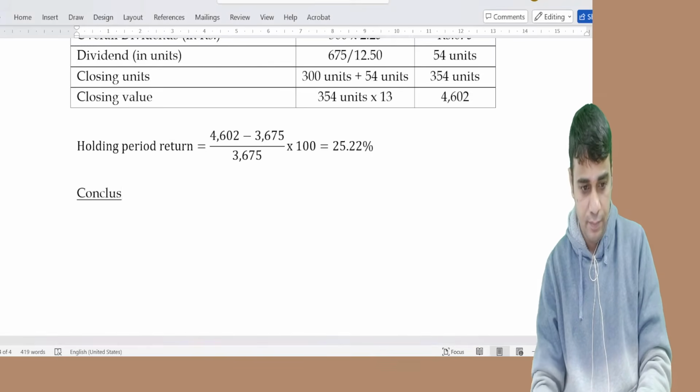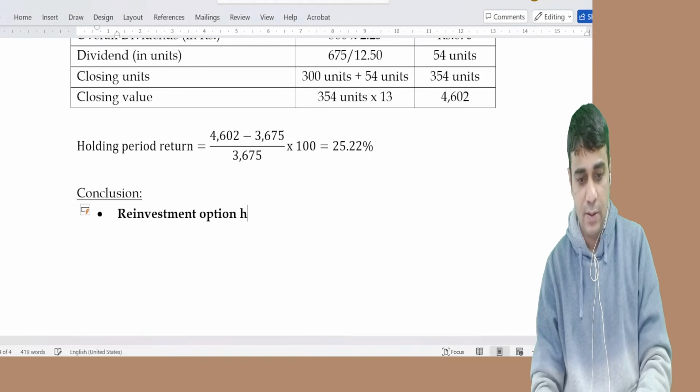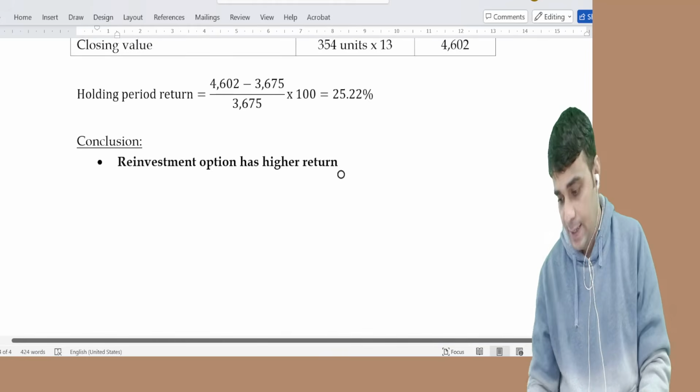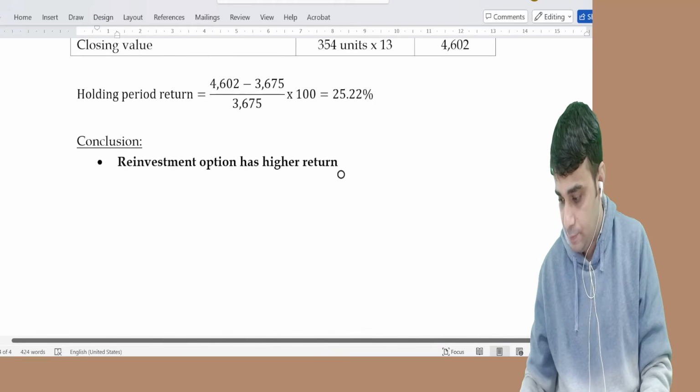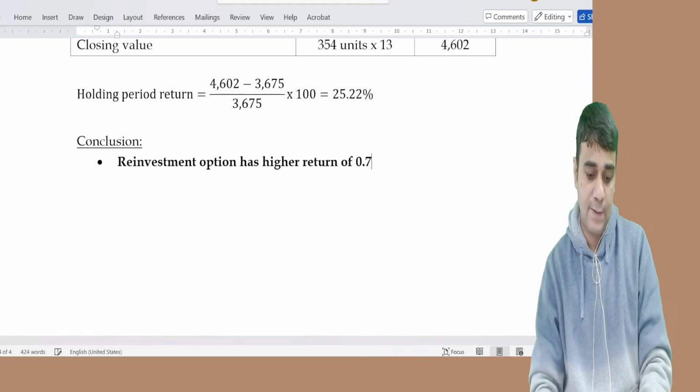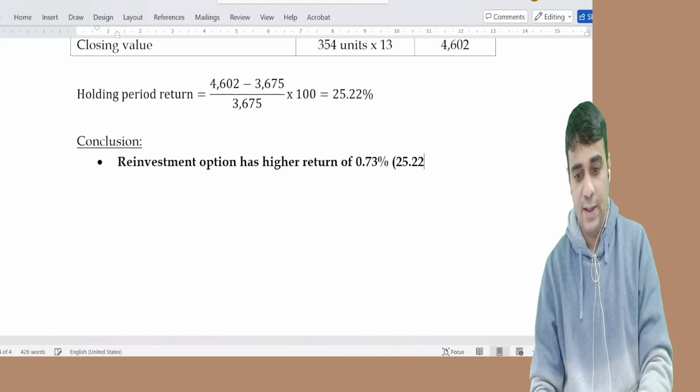Conclusion: the reinvestment option has a higher return of 0.73%.